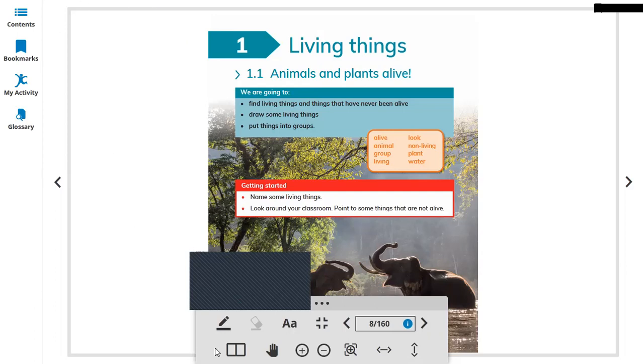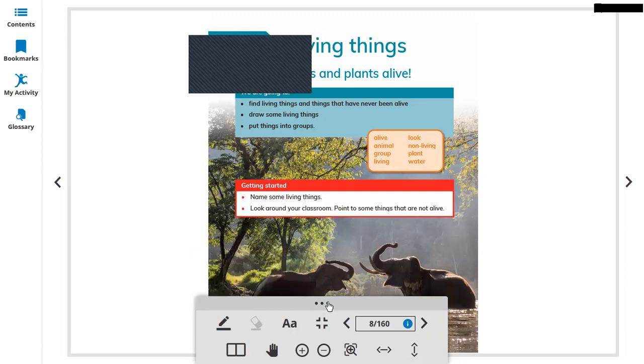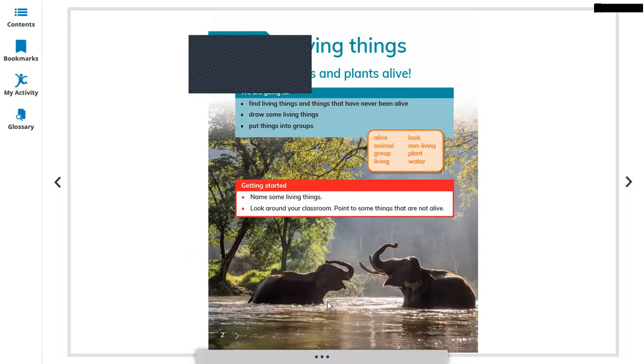In today's lesson, we are going to discuss living things. All the animals that you see, cat, mouse, elephant, all of them are living things. Here, on page number 2, you can see elephants that are living.